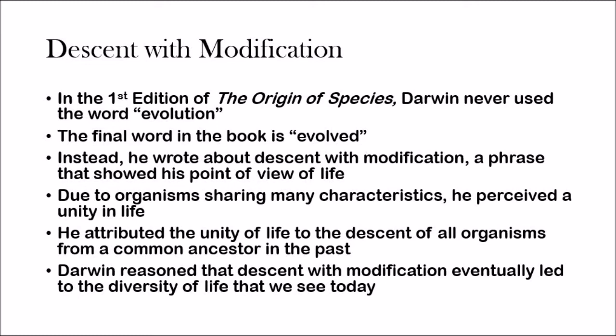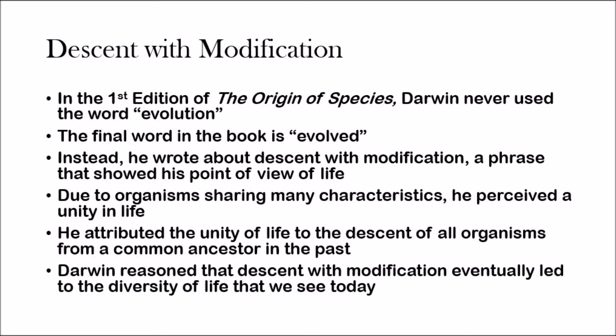Because of this, he came up with this unity of life, meaning that all life came from one source. And he attributed the unity of life to descent, like I said, to the descent of all organisms coming from a common ancestor. So everything coming from one single organism, and that's why all organisms tend to have similarities.